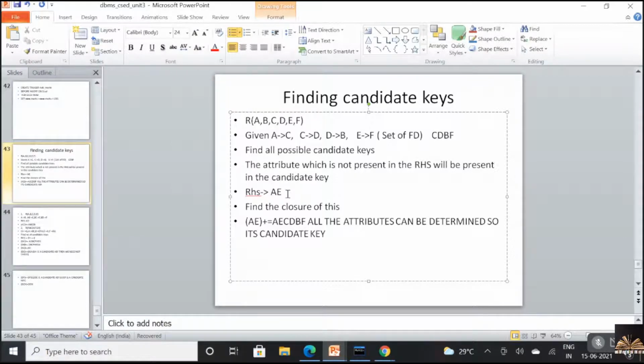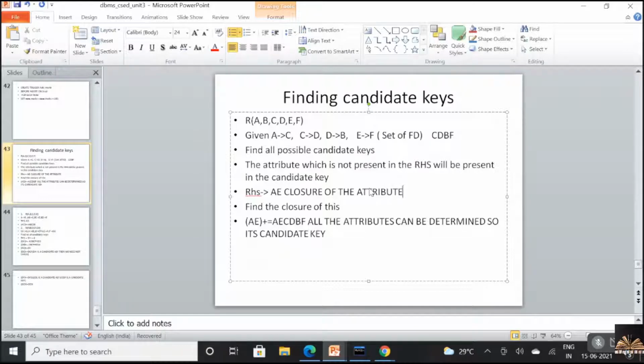Once we find these, we can go with combinations of the attributes in order to find the candidate key. In order to find this, first we have to find the closure of an attribute.